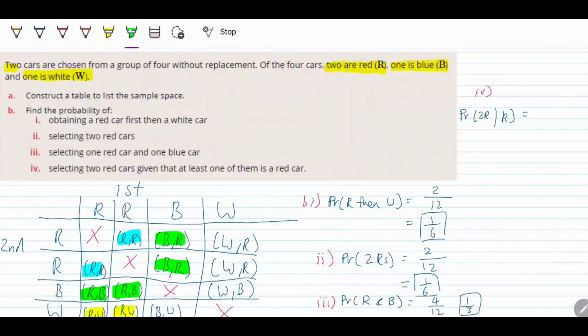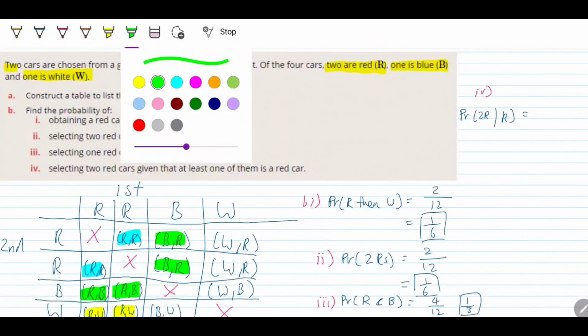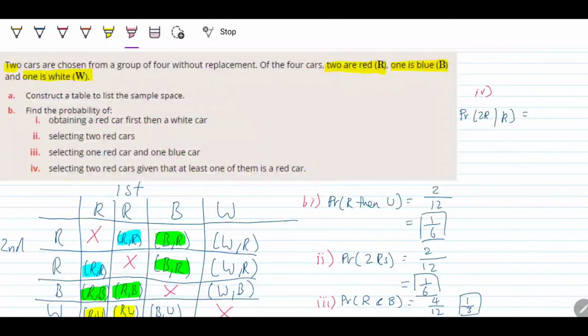To work out this question, you need to find out how many total possible combinations you can have with just red. So 1, 2, 3, 4, 5, 6, 7, 8, 9, 10. So the total is out of 10.